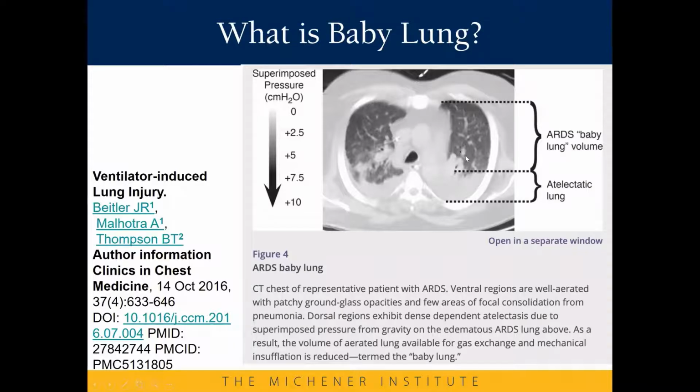And so if we try to use 8 mils for a normal sized lung of, say, a patient, so we assume they have normal lungs for their height and gender, then we're going to overinflate this area of this compliant lung. So what we're doing is we're reducing to 4 to 6 mils per kilo in order to ventilate this healthy area without causing excessive damage, because we know this area is not going to take on much of the volume.